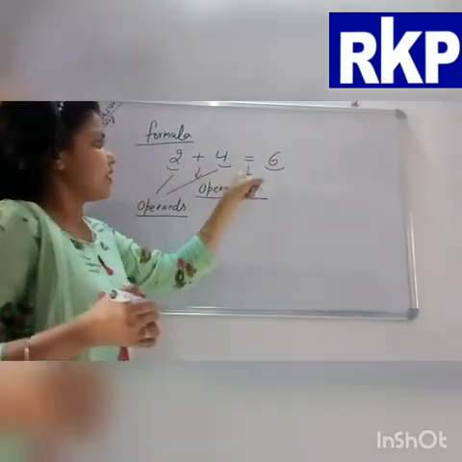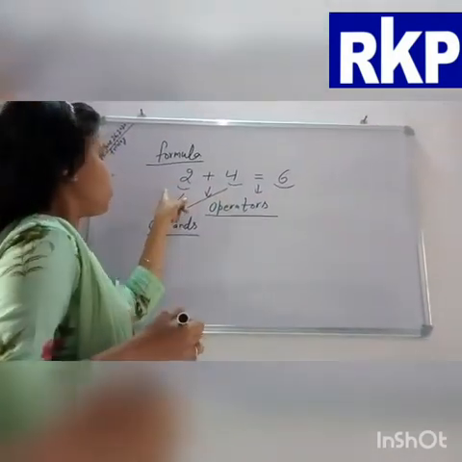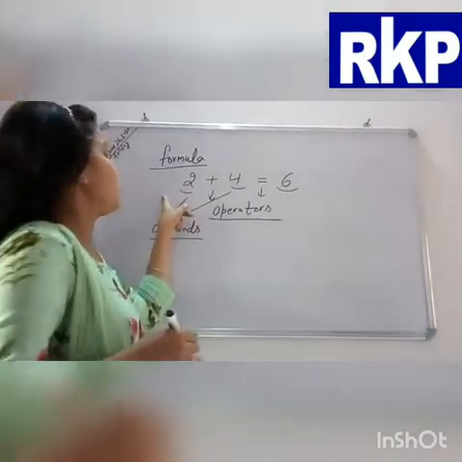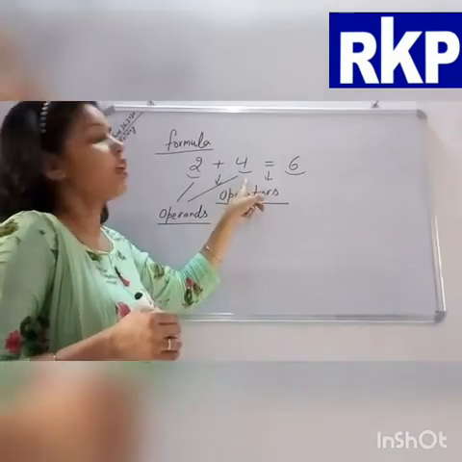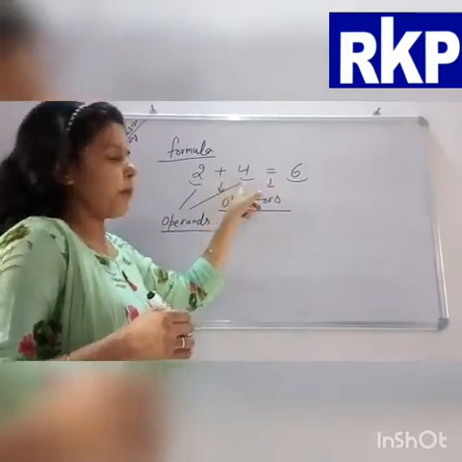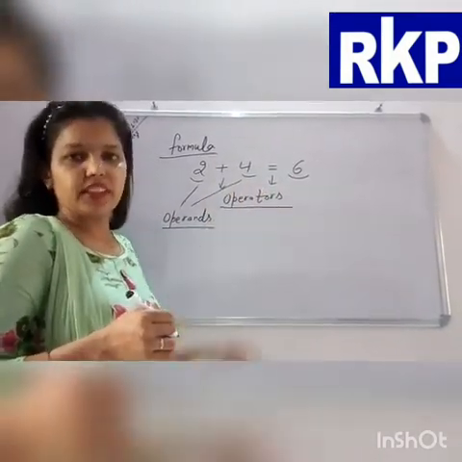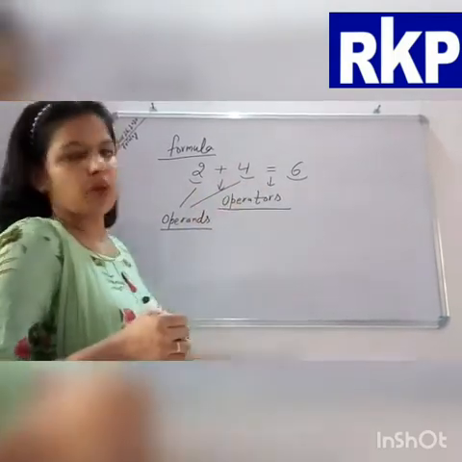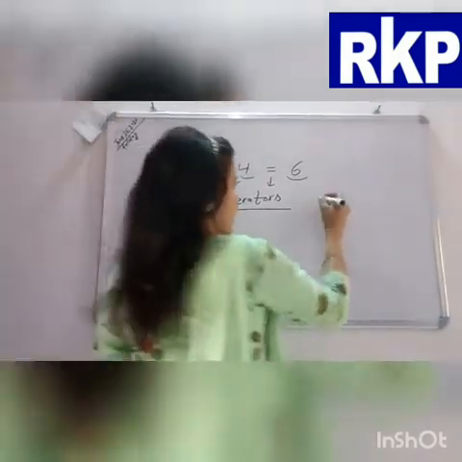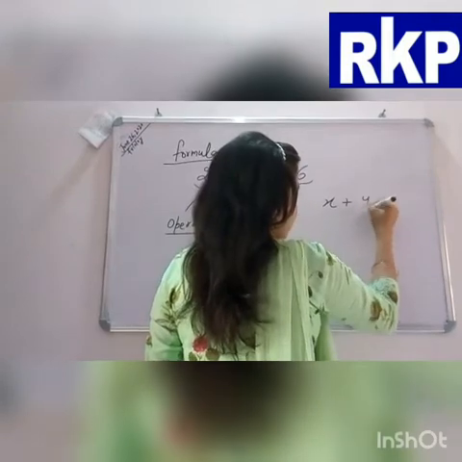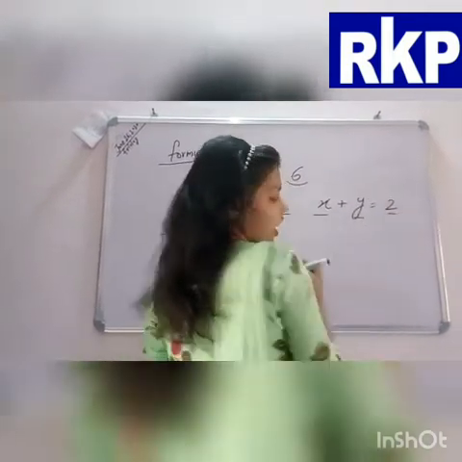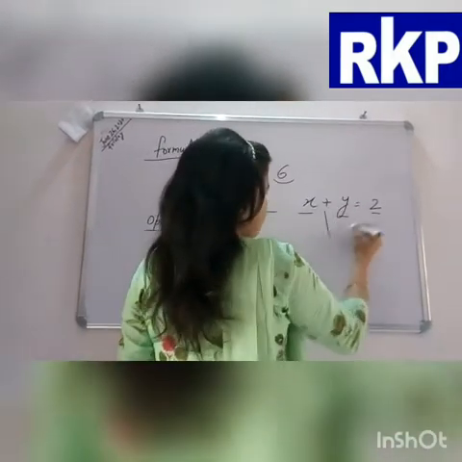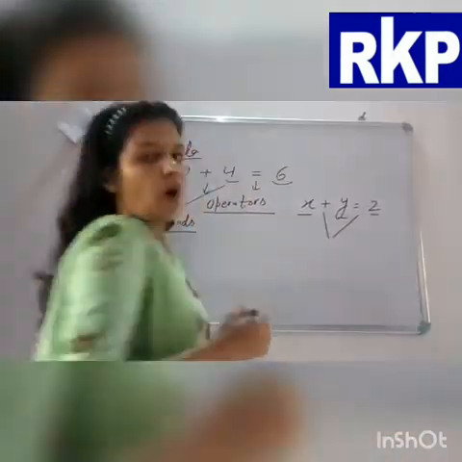So this is the formula. Now see the definition once again. Formula is the combination or group of operators and operands to perform a particular task. Same, we can take example x plus y equal 2. Here x, y and 2 are operands and plus and equal are operators.